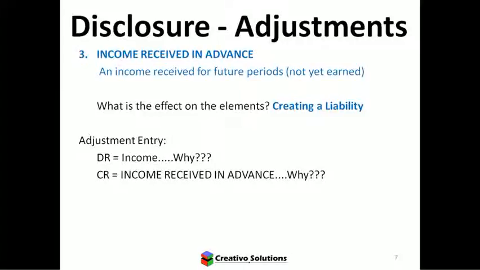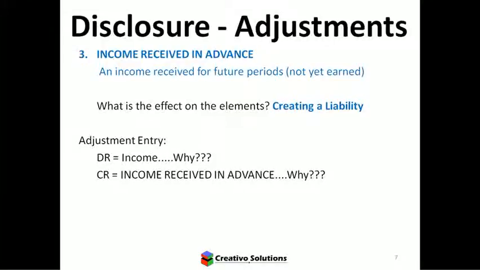Well, let's talk about income. Is the income that we're currently recognizing too high or too low? Well, think back to the example. We had received income for an extended period of time. I received income during the financial year. Only 3 months was actually part of the financial year. 9 months was outside the financial year.